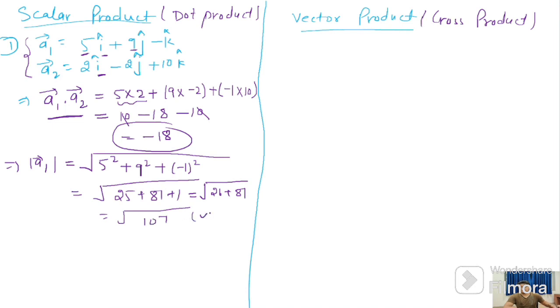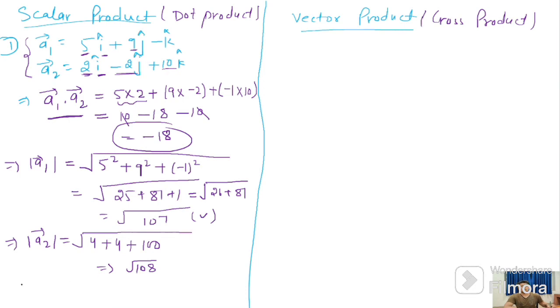It is not a perfect square, so let's write it up to this point. For the second vector, it will be 2 squared plus minus 2 squared, which is 4, plus 10 squared, 100. It will be root 108.